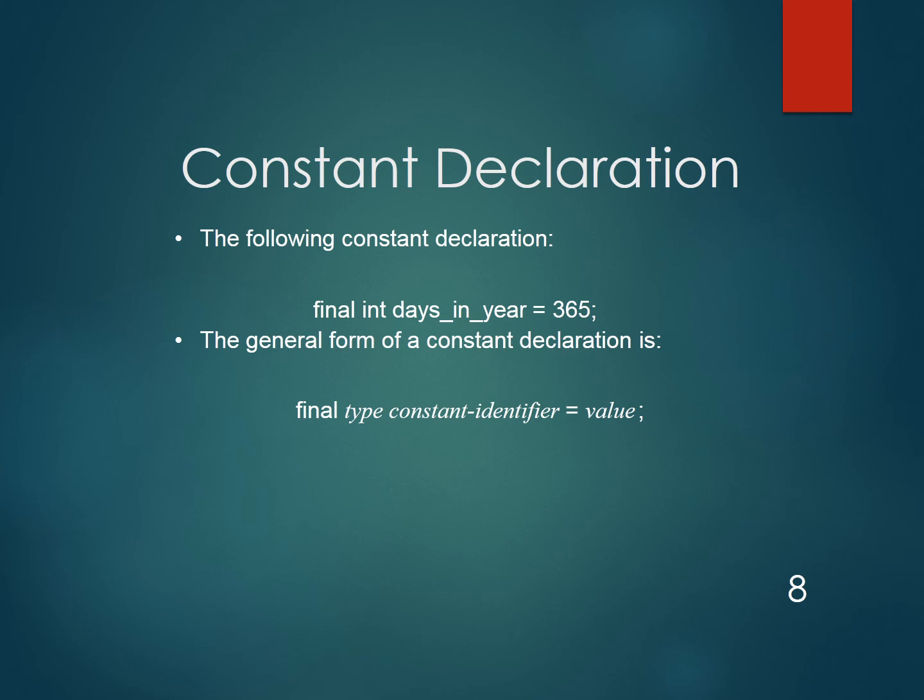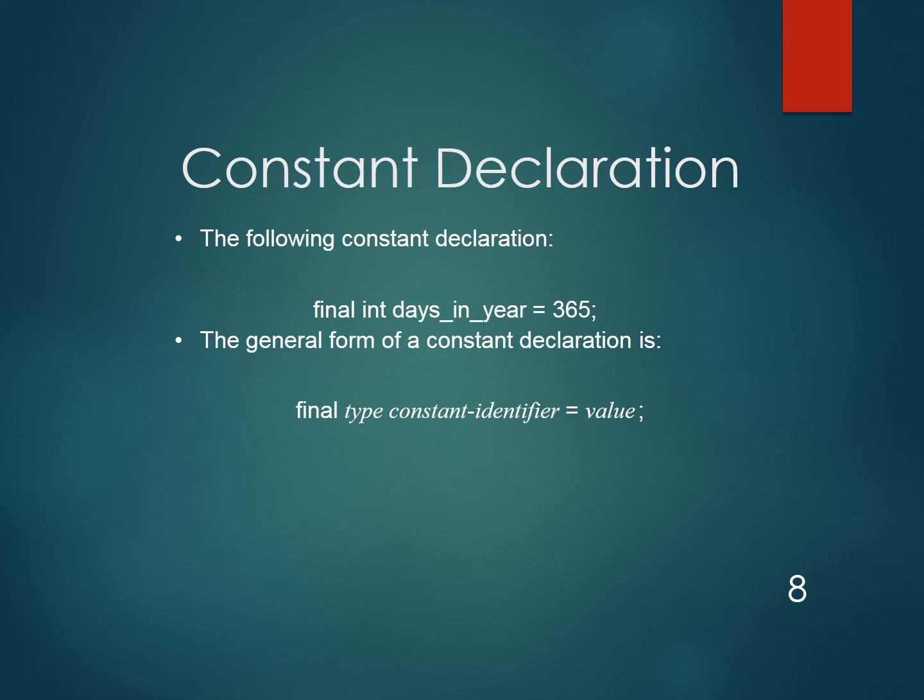Means wherever we use this identifier daysInYear in the program, the value will be replaced with 365 and it is not going to change throughout the program execution.